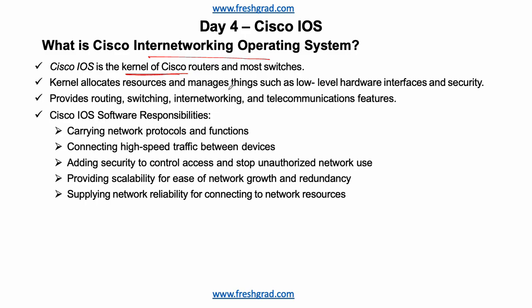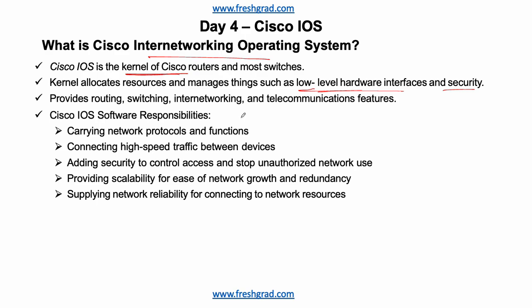Kernel allocates resources and manages things such as the low-level hardware interface and security. And it provides routing, switching, internetworking, and telecommunication features. What is the purpose and function of the Cisco IOS?